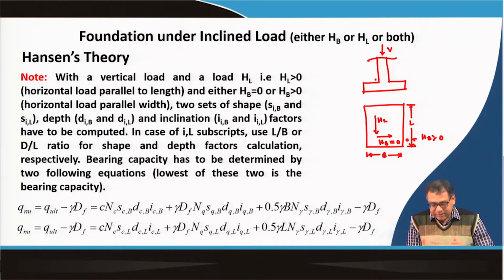And in such a case, when you use these two sets, we have to interchange L and B also, and if eccentric loading is there, then L dash and B dash.